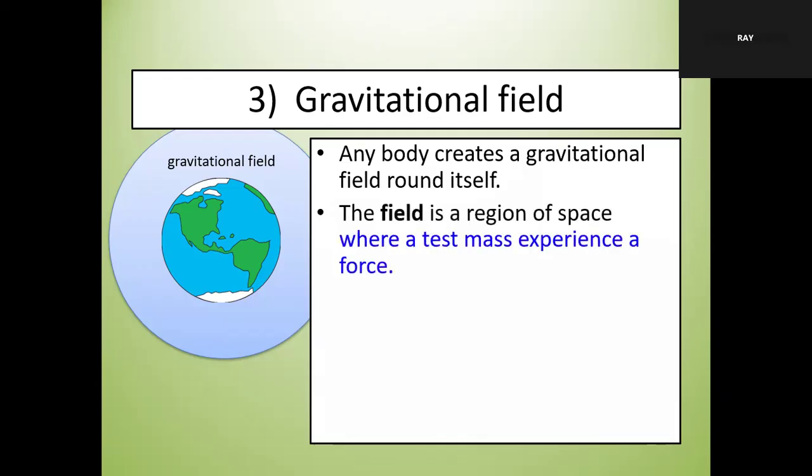A field is a region of space where a test mass experiences a force. You take a mass there, place it in the field, it experiences a force. Because the field around you is very small, a mass near your body will not experience a force at all, because the Earth's field is stronger. Around the Earth is the gravitational field.